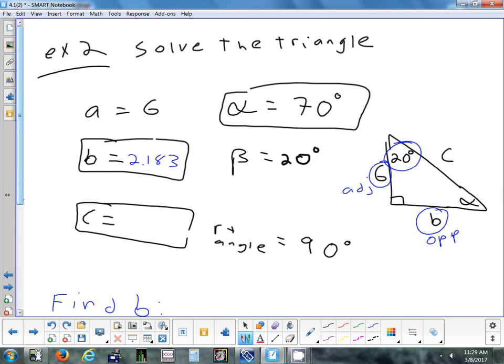So we could do Pythagorean theorem, but what would be not the best idea about doing that? Actually, two things. Gabe? One, you can mess up on the Pythagorean theorem, or you could have messed up on B. But what if you didn't mess up on either one? What else could go wrong? Or what else could affect your answer?